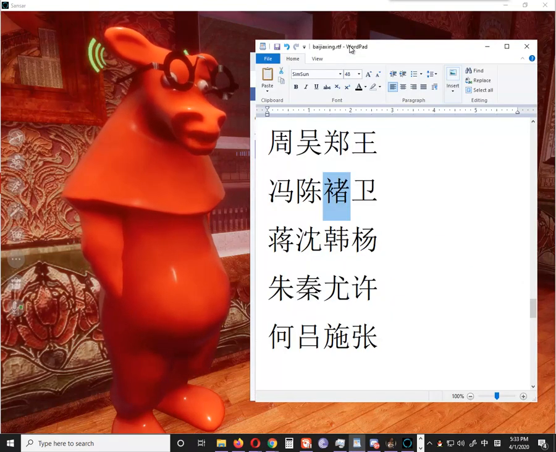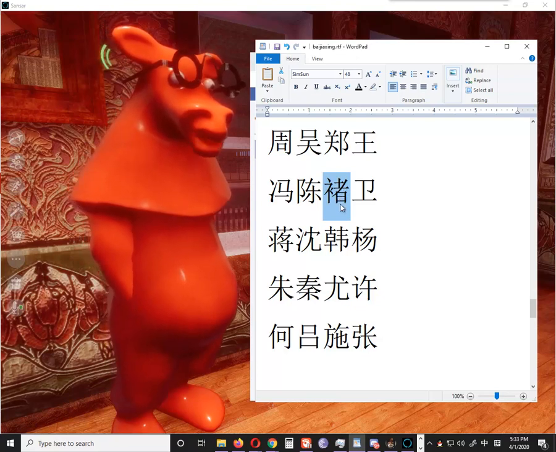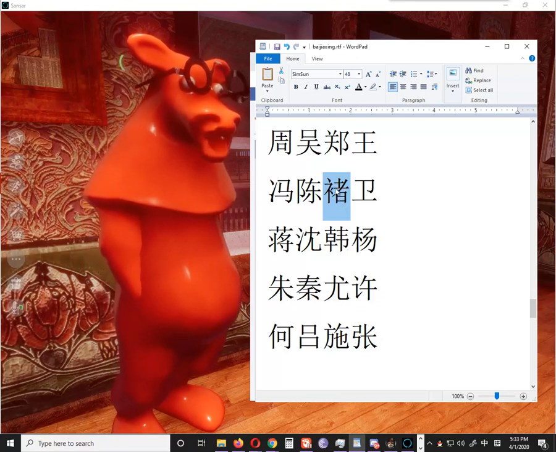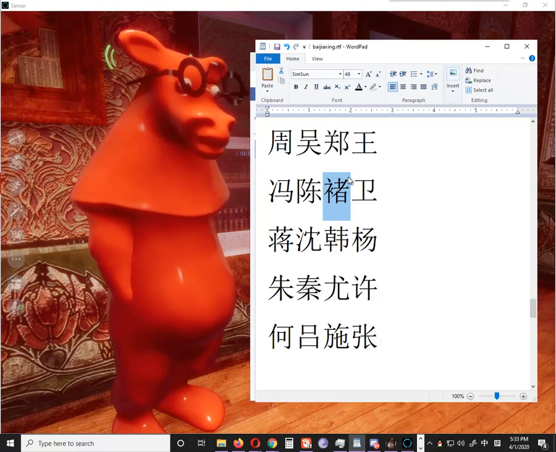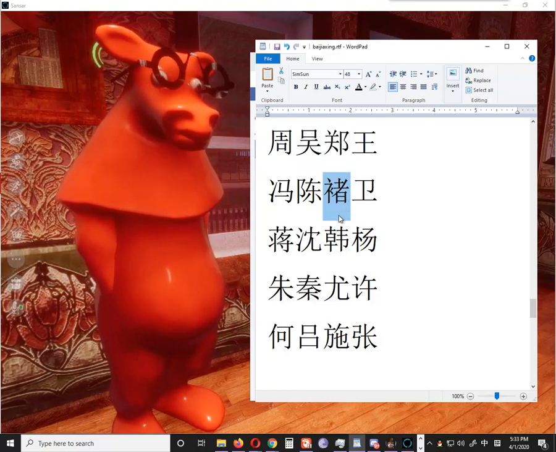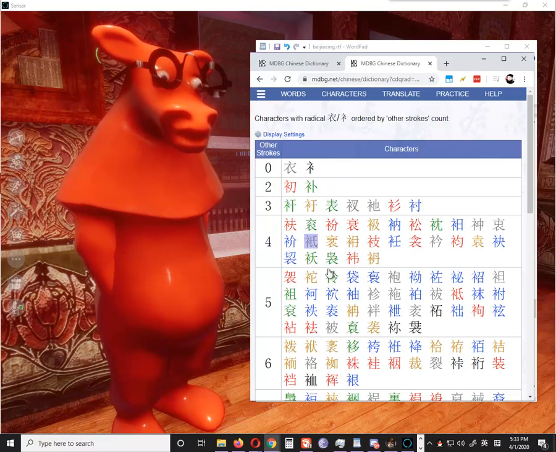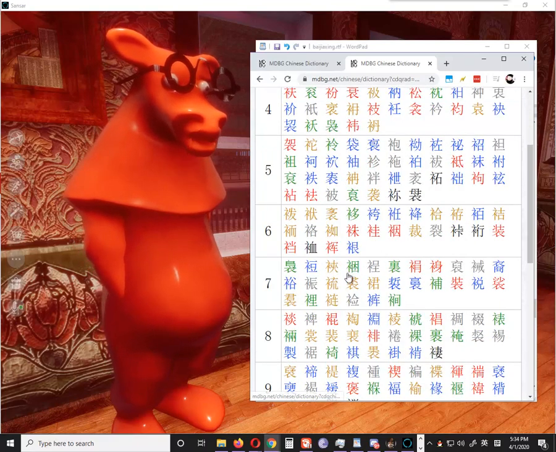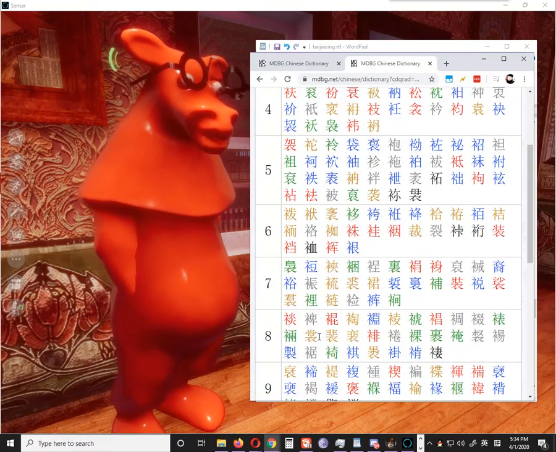And I should have made note of how many strokes this is, but this is hard to count. It's got 1, 2, 3, 4, 5, 6, 7, 8. It looks like 8 strokes. I hope it's 8. Let's look for it now under 8 and see if we can find it.